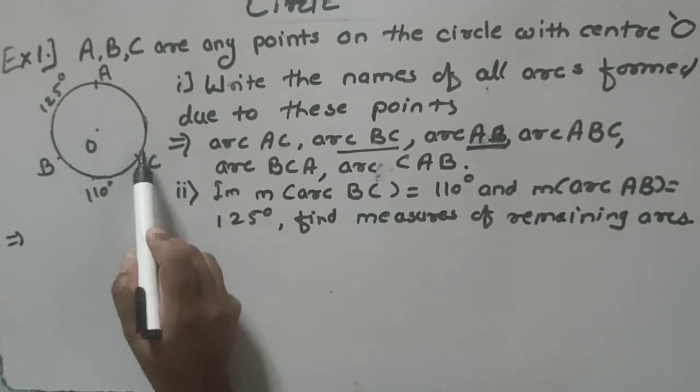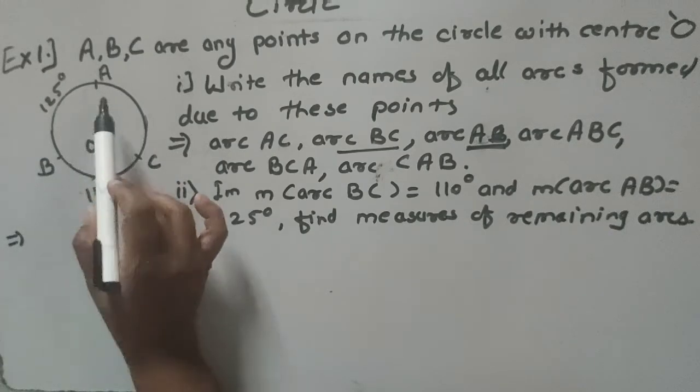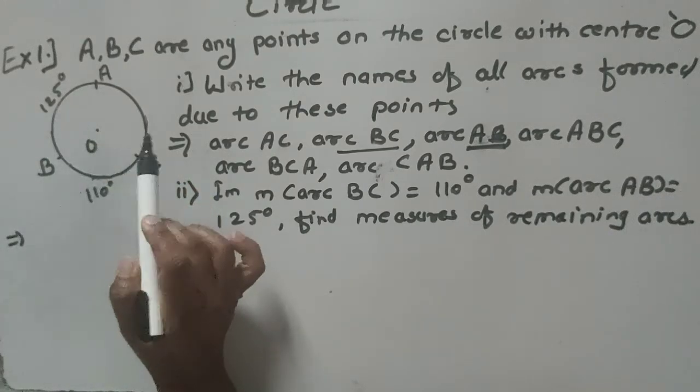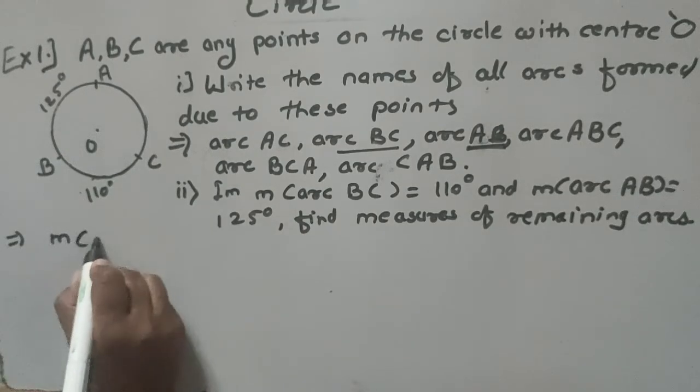So how much is the measure of AC? Measure of AC is equal to what? 360 minus the sum of both. So first of all we will find the measure of arc AC.